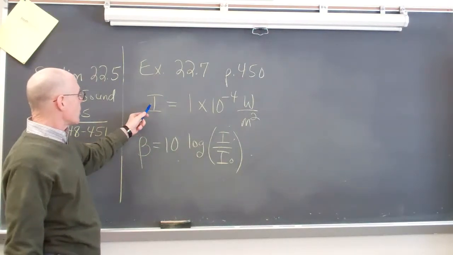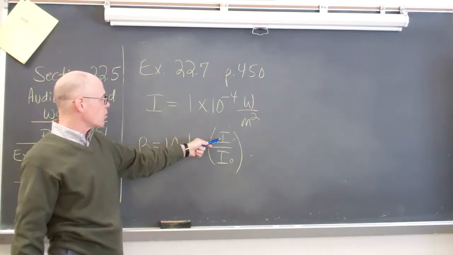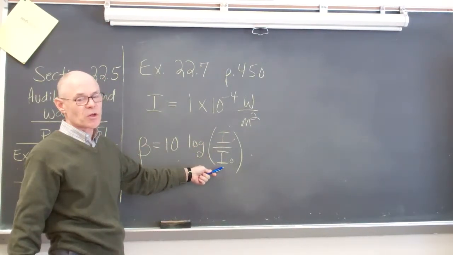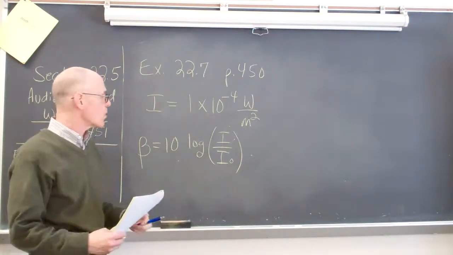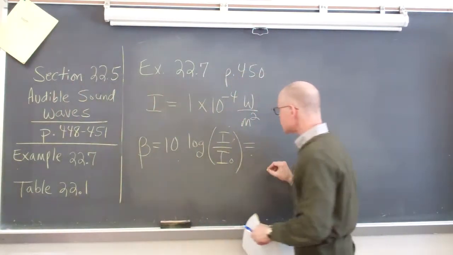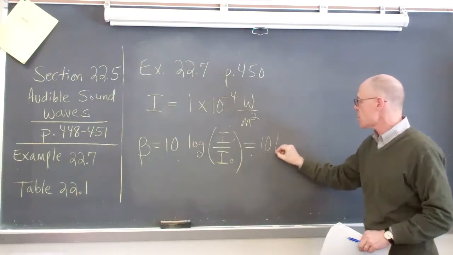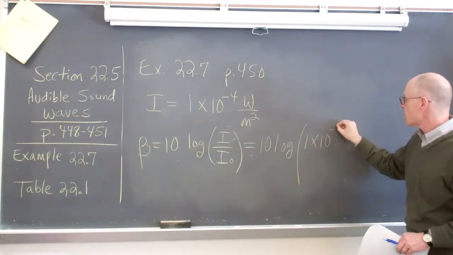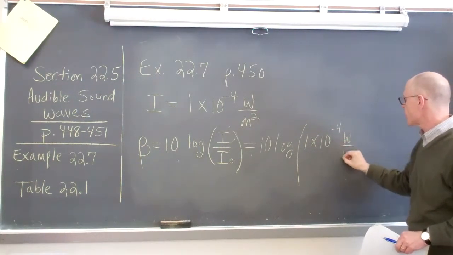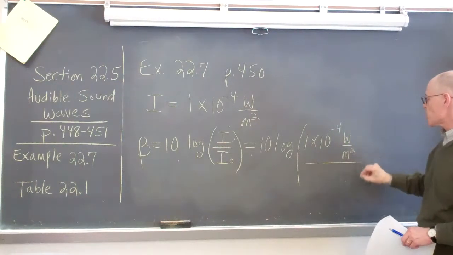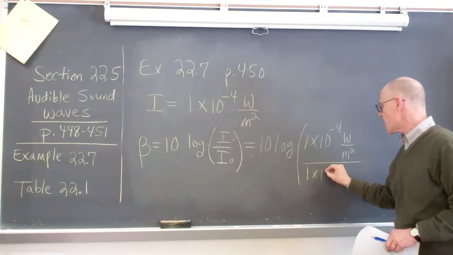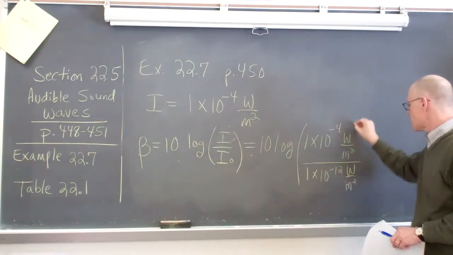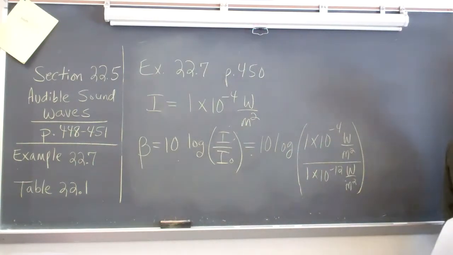So we were given the intensity of this sound, which will go in the numerator here, and the I subscript 0 is the hearing threshold, which is always the same. 10 times the log of 1 times 10 to the minus 4 watts per square meter divided by 1 times 10 to the minus 12 watts per square meter.